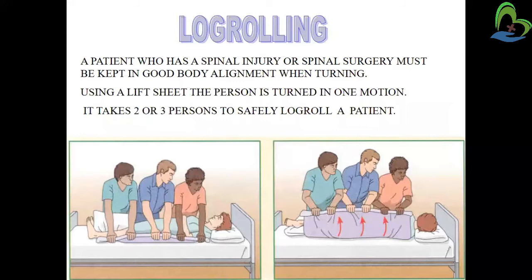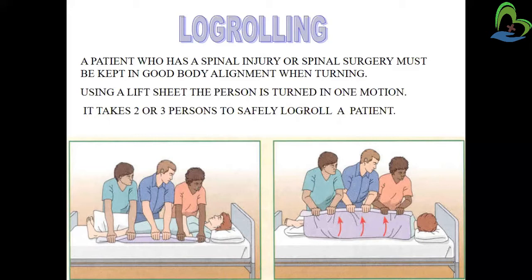Next is the log rolling. We already discussed in the previous slide the rolling sheet. We can turn the patient with the help of the rolling sheet. Log rolling is a technique used for turning or moving the patient in bed itself.